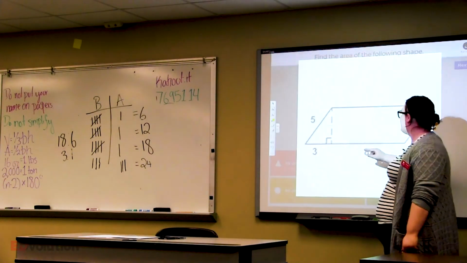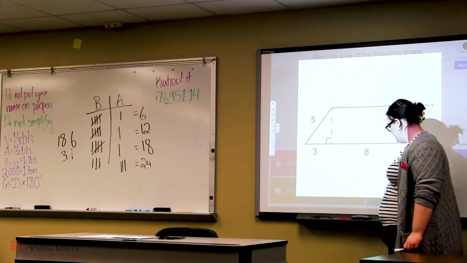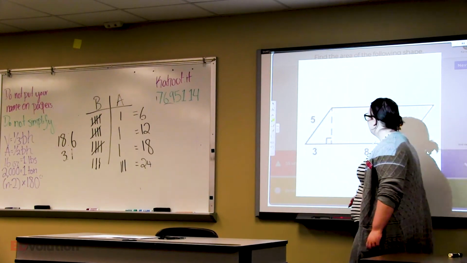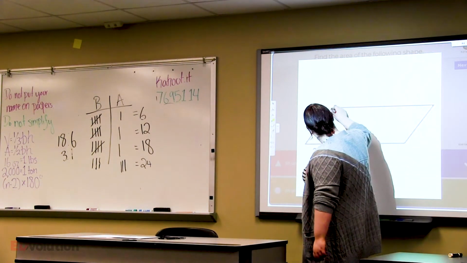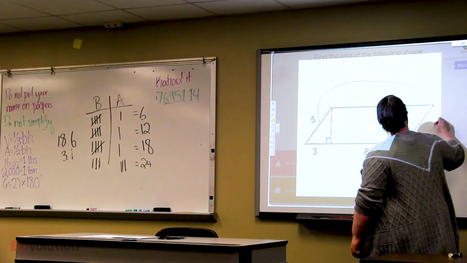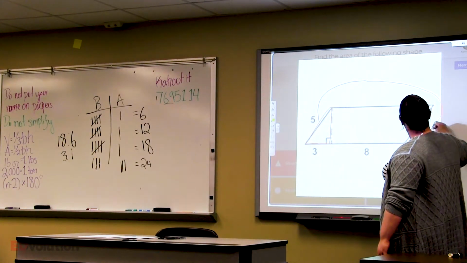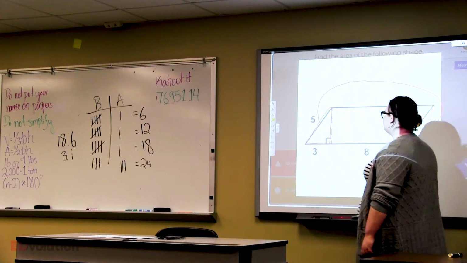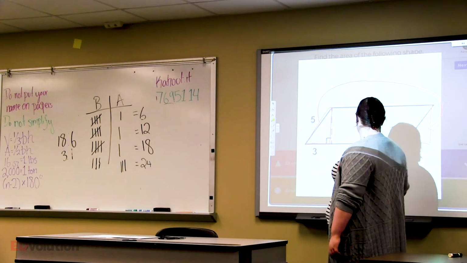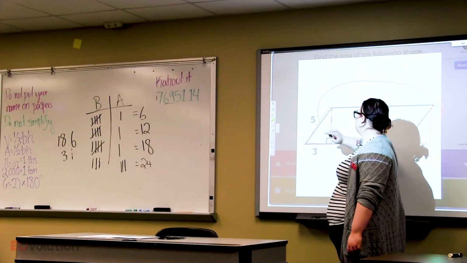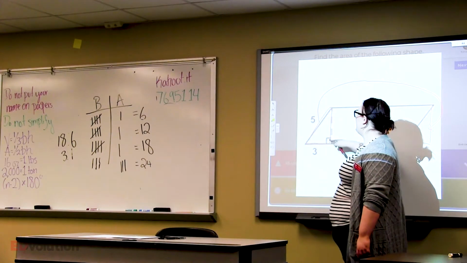The first thing I want to do is point out that this triangle right here, if we moved it over here, we would have a rectangle. So let's think about the height then.